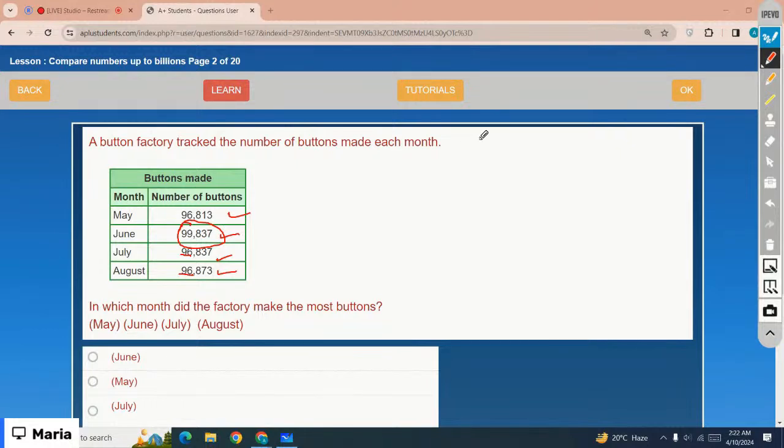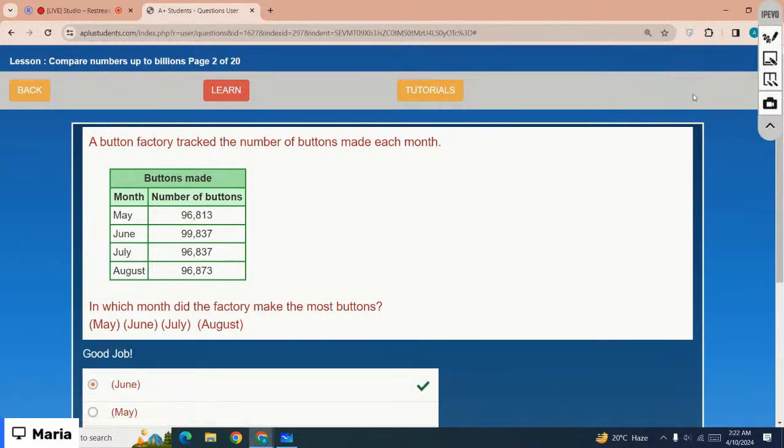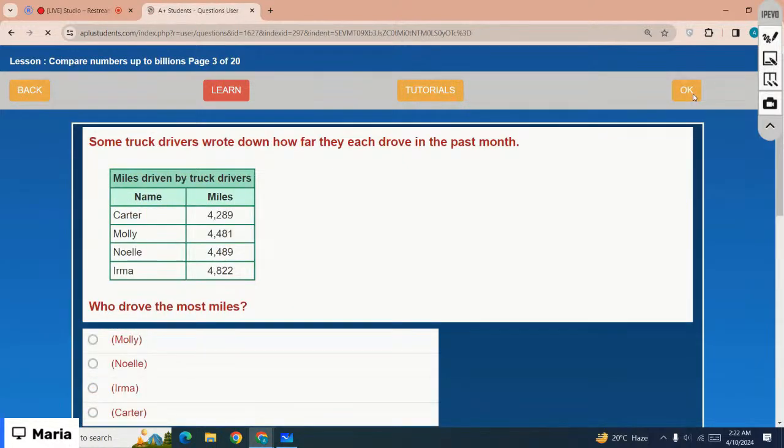June is the correct option. Some truck drivers wrote down how far they each drove in the past month.